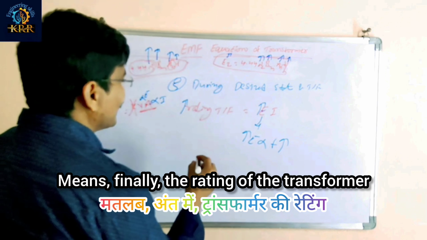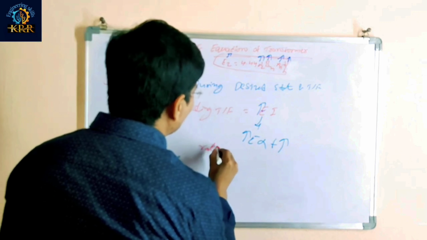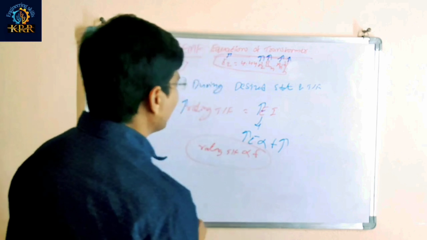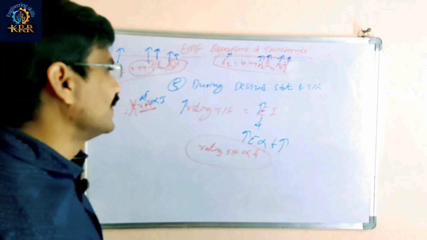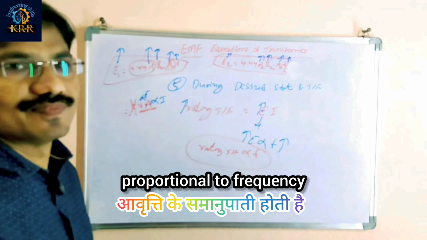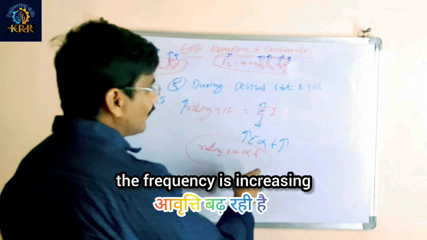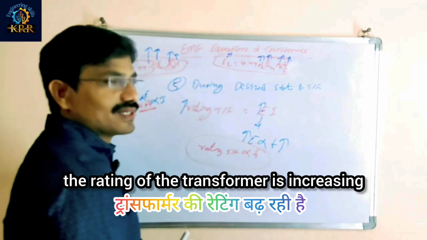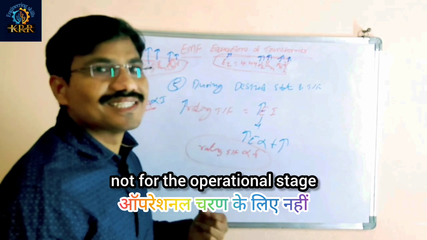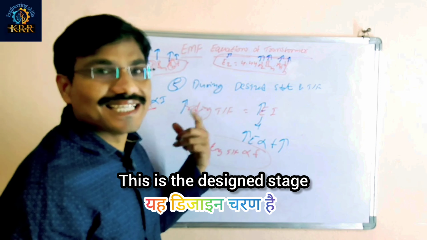Finally, the rating of the transformer is directly proportional to frequency. Means if the frequency is increasing, the rating of the transformer is increasing. This is the designed stage, not the operational stage.